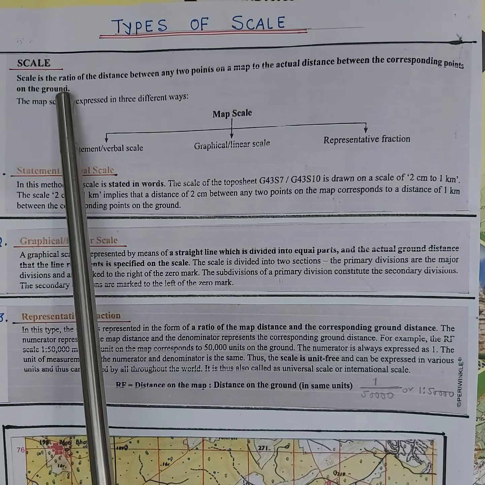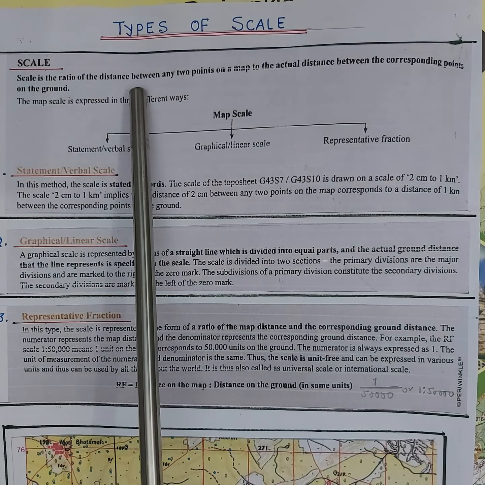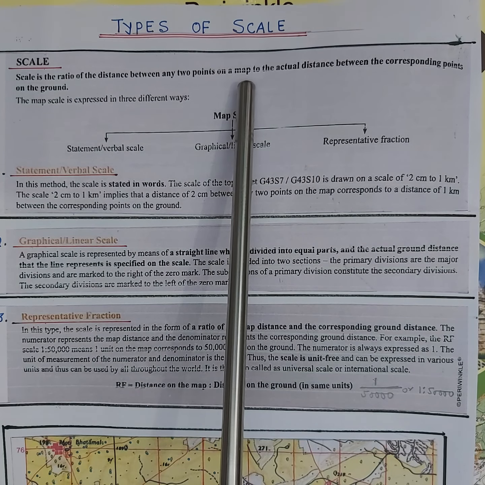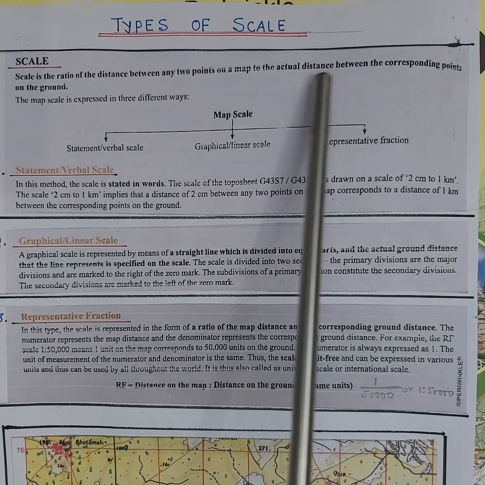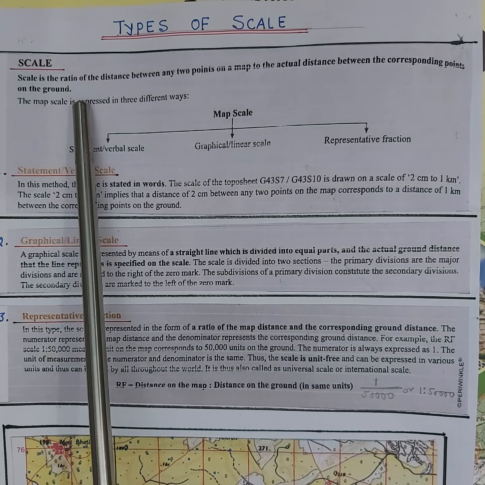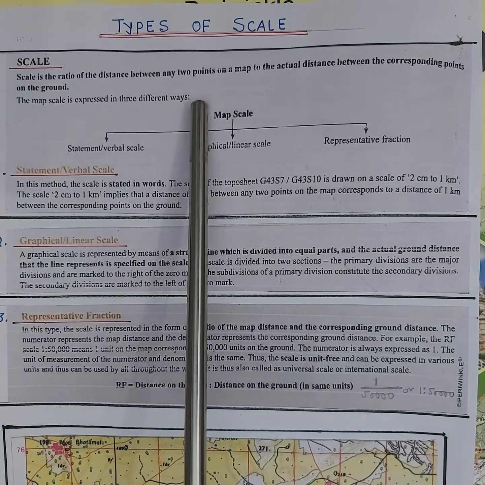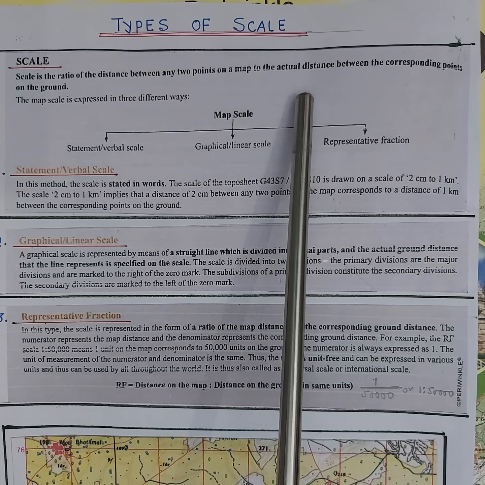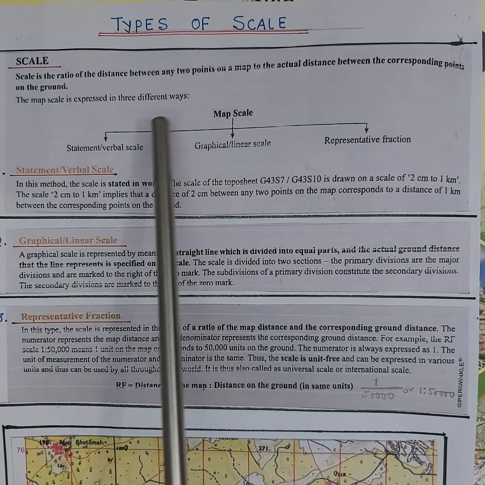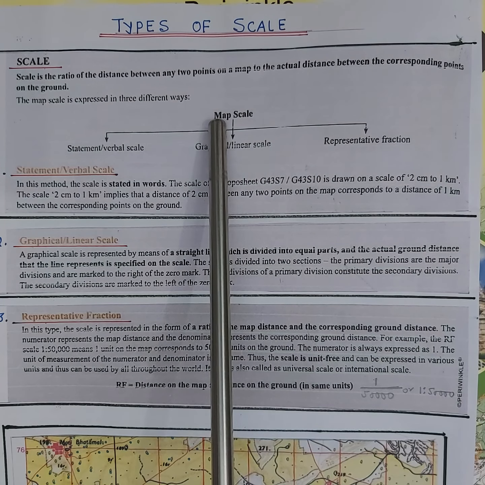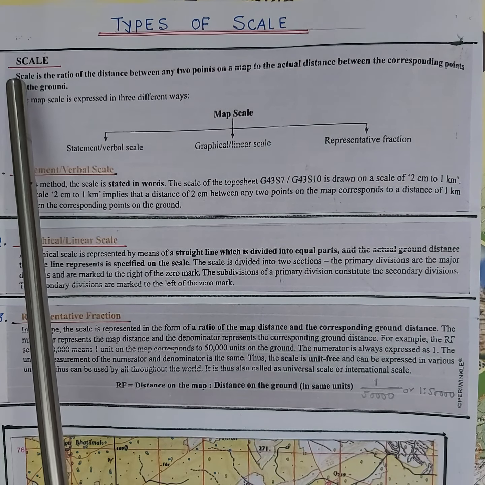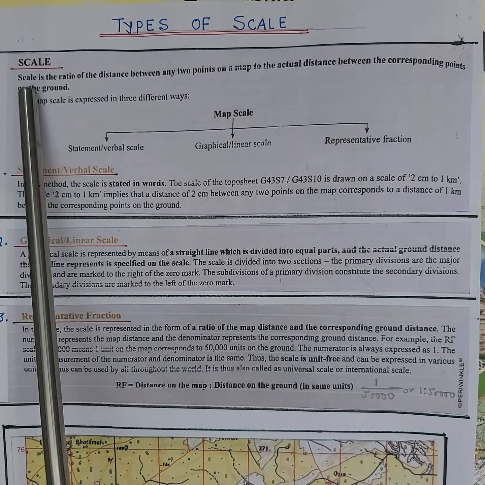The scale is a ratio of a distance between any 2 points on a map to the actual distance between the corresponding points on the ground. So we select 2 points on the ground, and those two same points are represented on a sheet of paper, and we take a ratio, and that is actually the scale of the map.